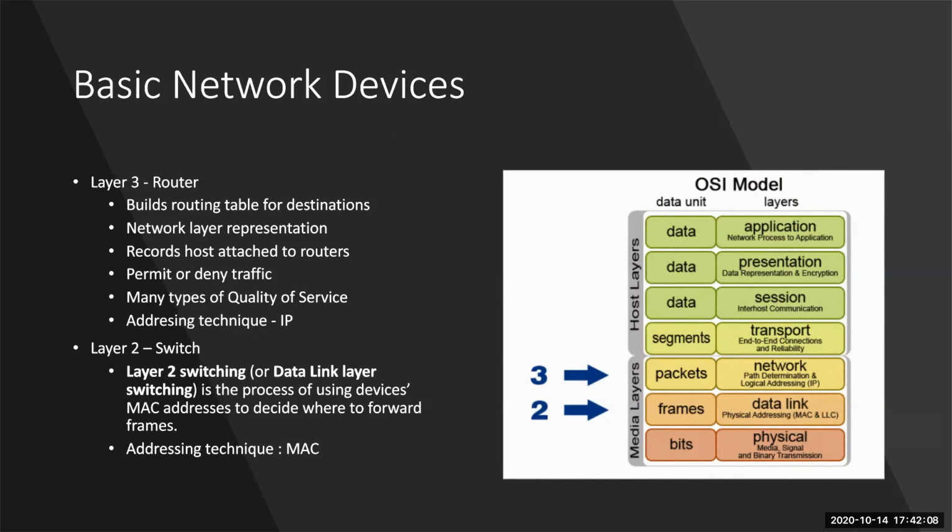Just asking you a question, just to make it interactive. What do you think, which data, I mean, either data, voice, or video, is the highest priority? Any guesses? Suppose you have 3 kinds of data.